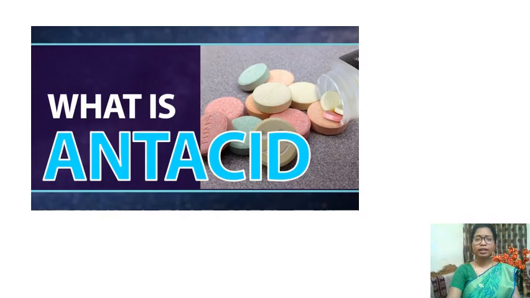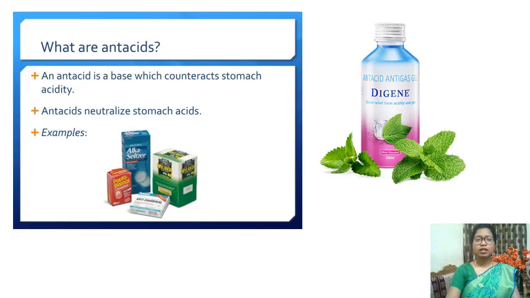Now, what is an antacid? You all must have suffered from stomach acidity, isn't it? So an antacid is a base, and in the stomach there is excess acid present. So when you take a base, that is an antacid, it will neutralize the effect of the excessive acid.